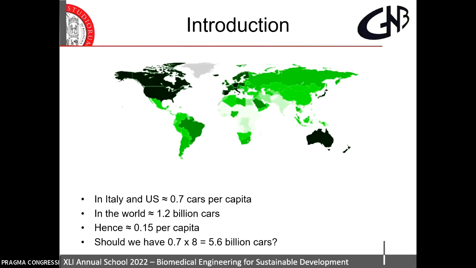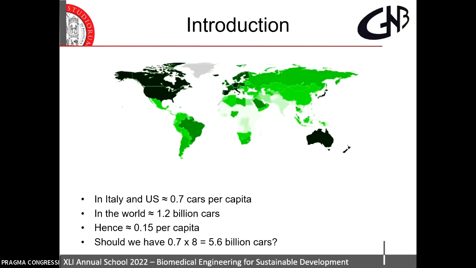Should we have the same numbers of cars everywhere in the world? It would mean 5.6 billion cars. This is not sustainable. This is quite a new issue, or something we became aware of more recently. And also in health, in all the sectors of technology, this is an important issue.